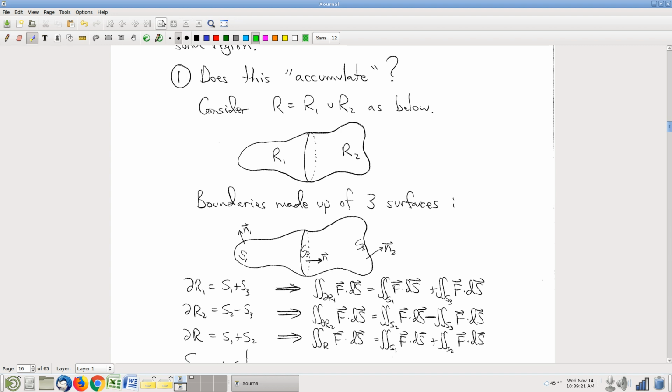But other than the dimensional difference, there's a lot in common between these two calculations. Most specifically, the shared piece of boundary comes with two opposite orientations. That way is part of the boundary of that one. That way is part of the boundary of that one. And because of those opposite orientations, we get the cancellation.